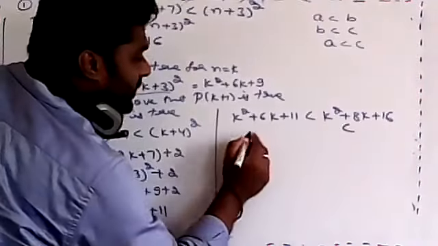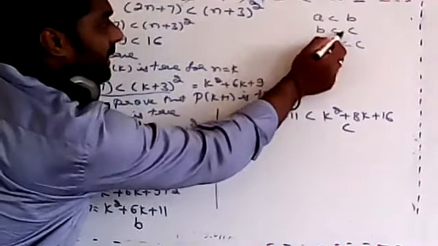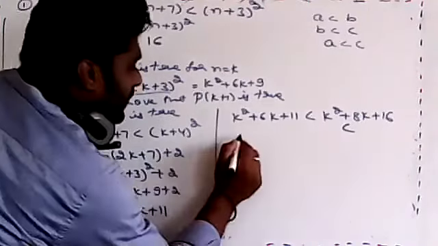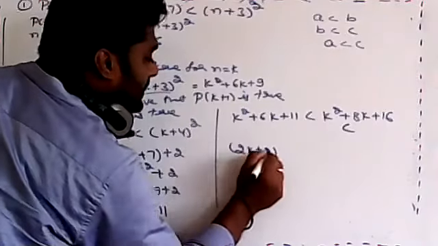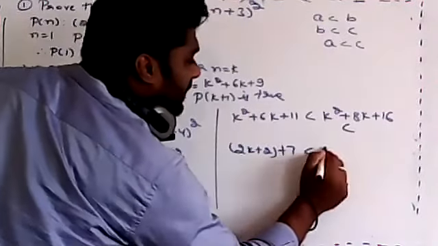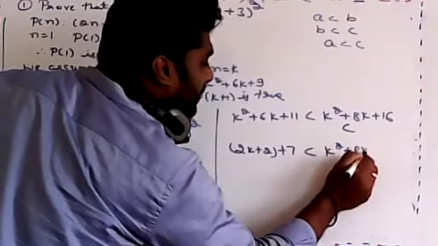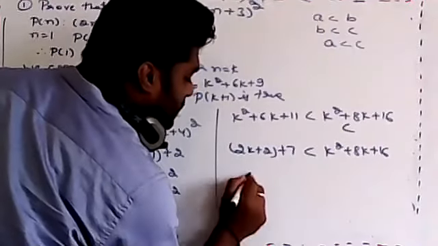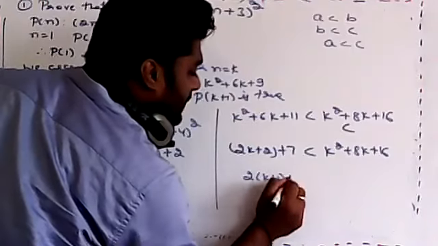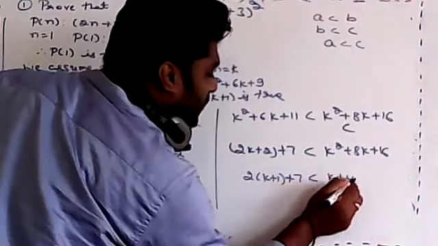So this one I'm taking as A, this is B and this one is C. A is less than B, B is less than C, then A is less than C. So we can write 2k plus 2 plus 7 is less than k square plus 8k plus 16, that is, 2 times (k plus 1) plus 7 is less than (k plus 4) the whole square. Clear?